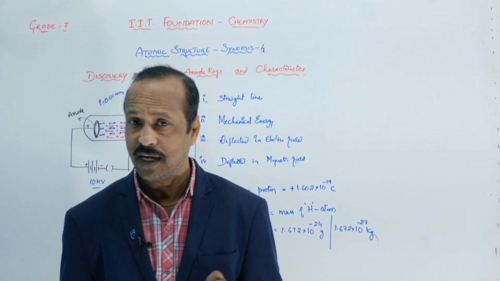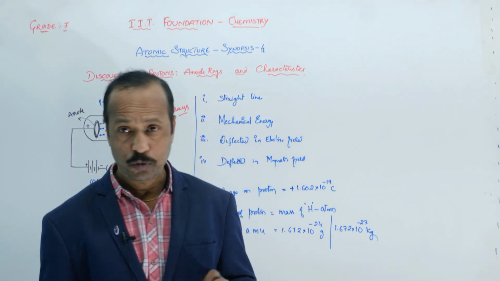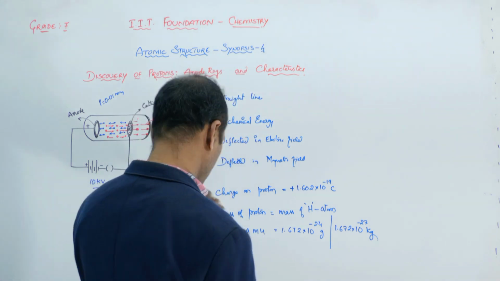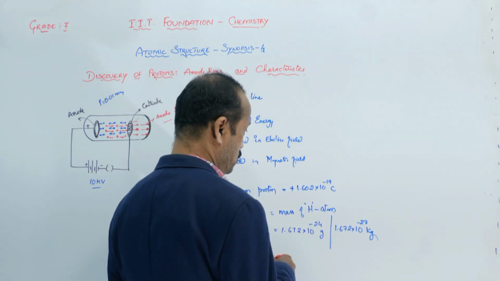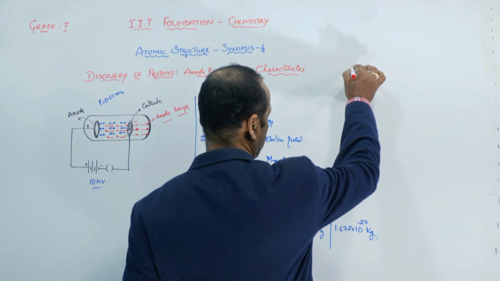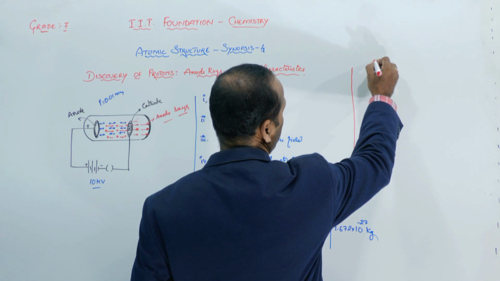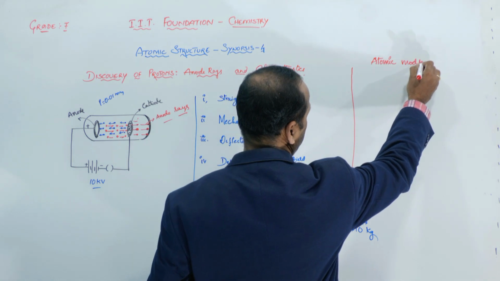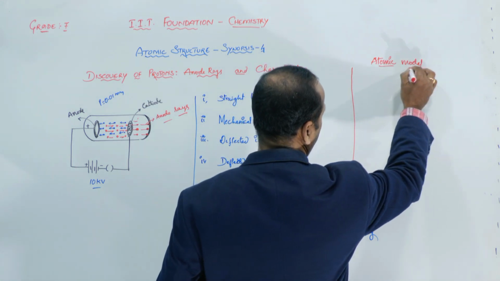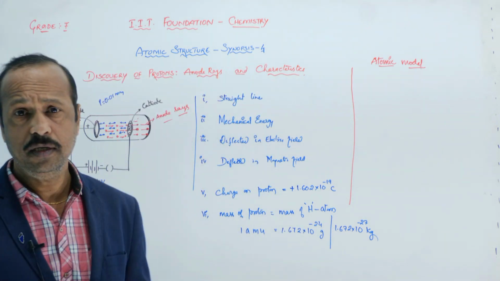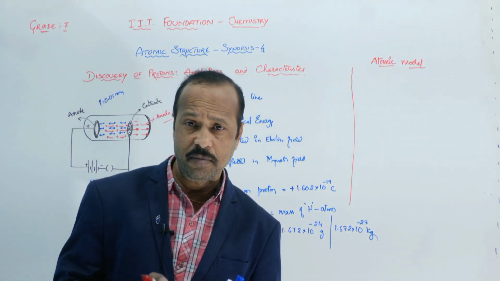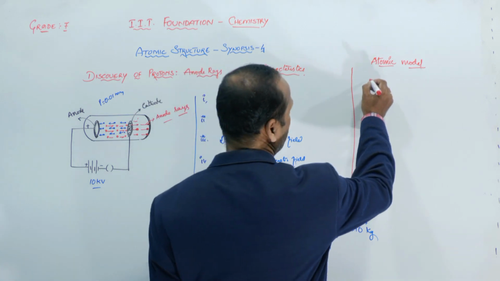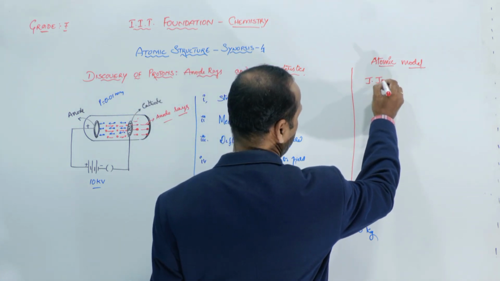The first atomic model was proposed by J.J. Thomson.